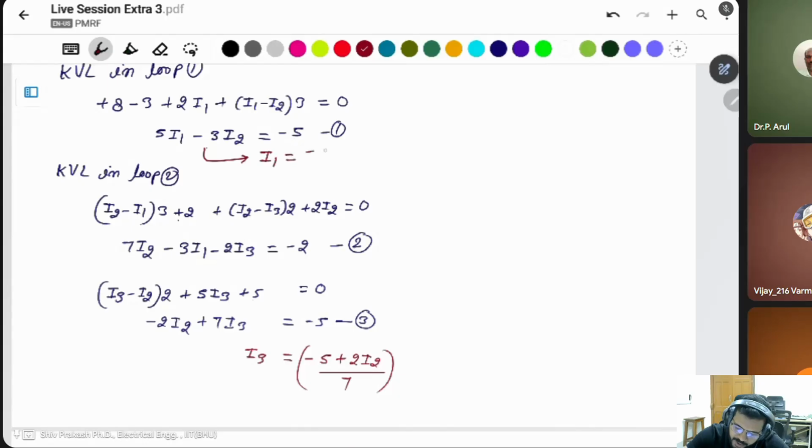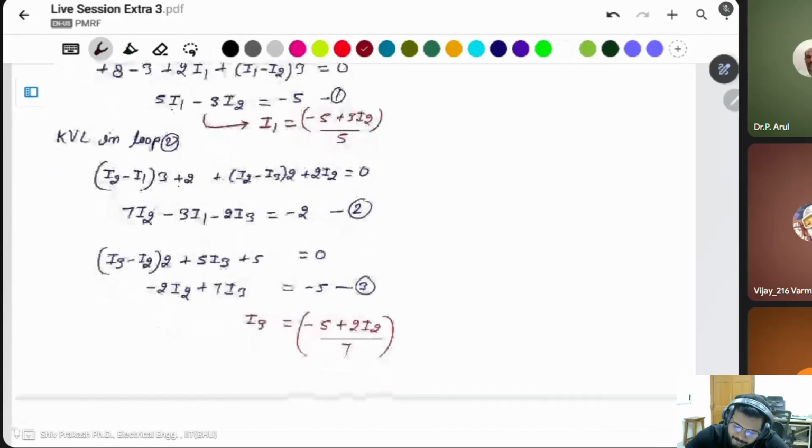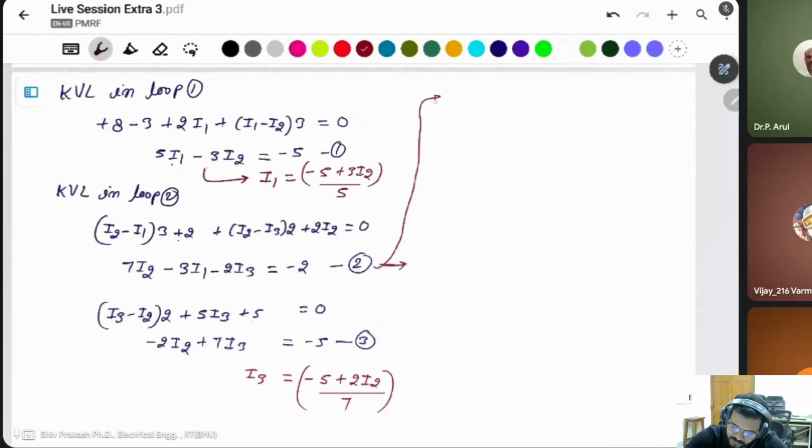I1 is equal to (minus 5 plus 3I2) divided by 5. I1, I3 you can put into equation number 2. 7I2 minus 3I1, where 3I1 is (minus 5 plus 3I2) divided by 5, minus 2I3, where 2I3 is (minus 5 plus 2I2) divided by 7, is equal to minus 2.